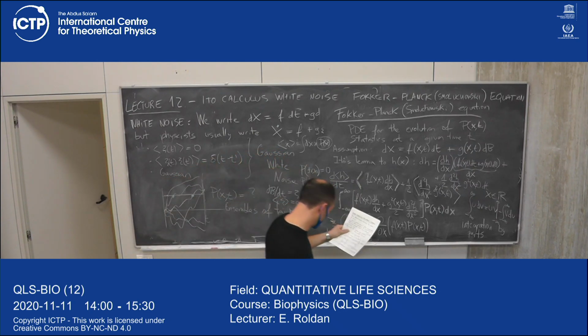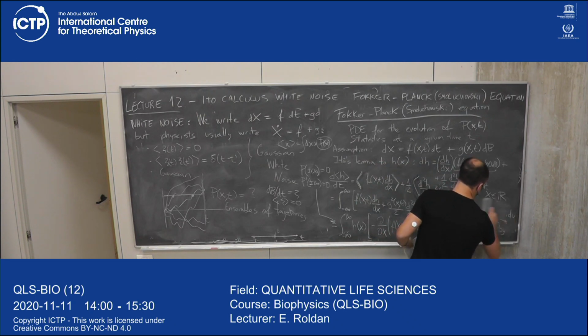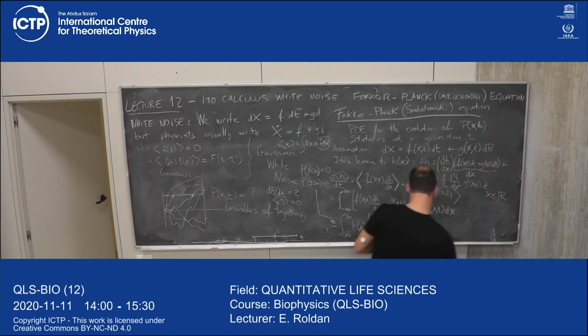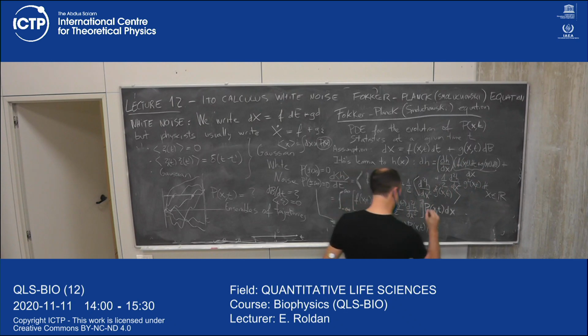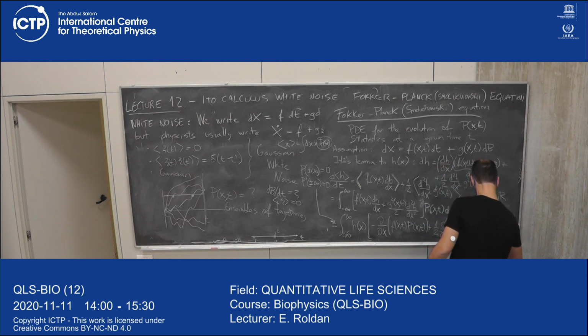And this becomes 1/2 of the second partial derivative, here there are two derivatives because I did integration by parts twice, of g squared xt p(x,t) close bracket dx.